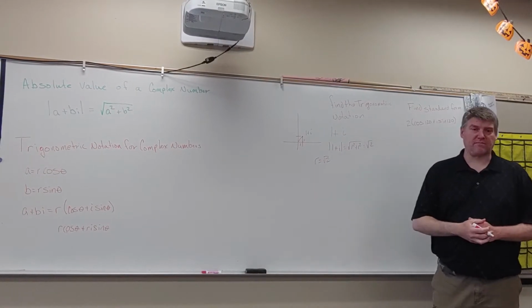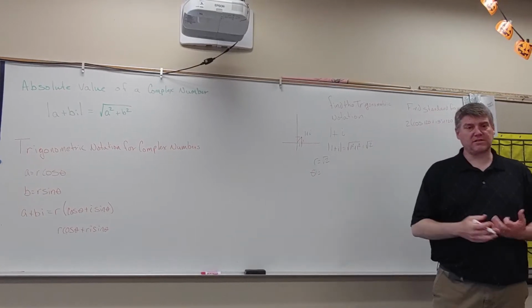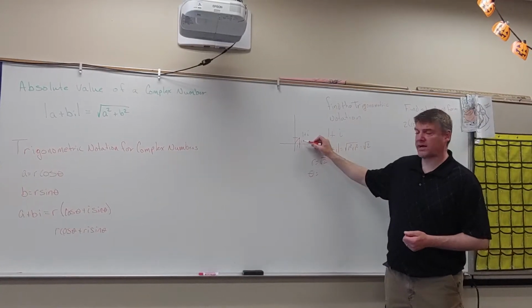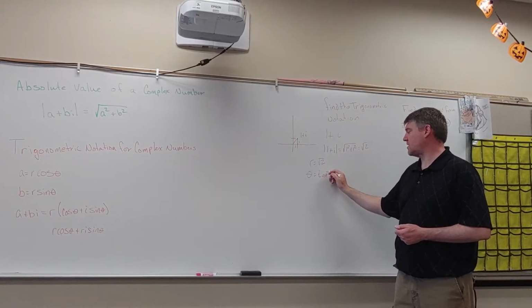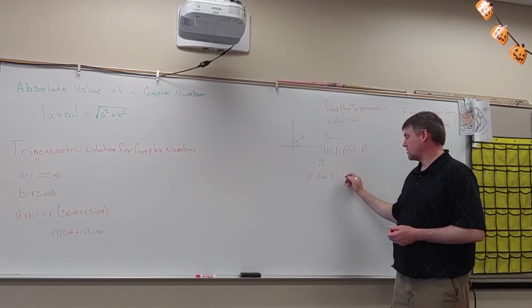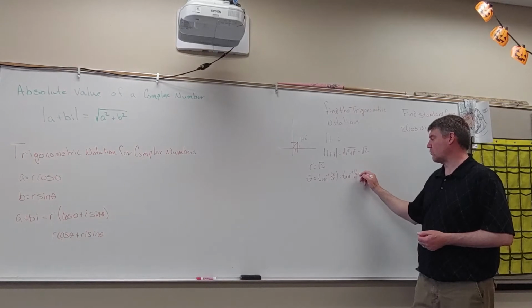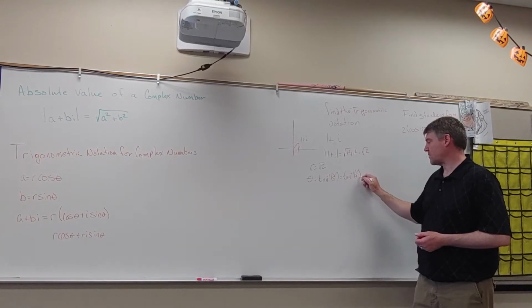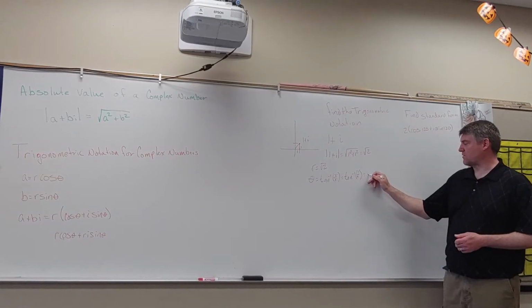But how do I find my theta? Remember, I have an x and a y here, so I'm going to take tangent inverse of y over x. This becomes tangent inverse of 1 over 1, which gives me, if I was in degrees, 45.